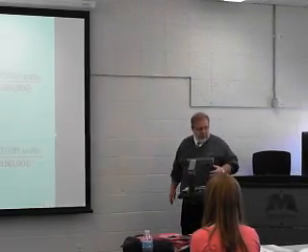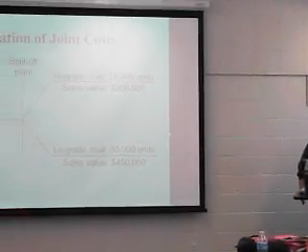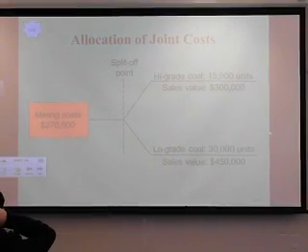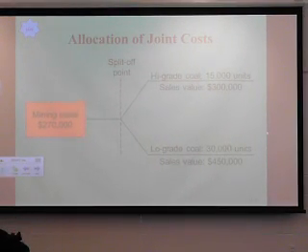Now, one of the ways we do this is to allocate with the net realizable value method and the physical quantities method. With the net realizable value method, basically we're doing a simple allocation.